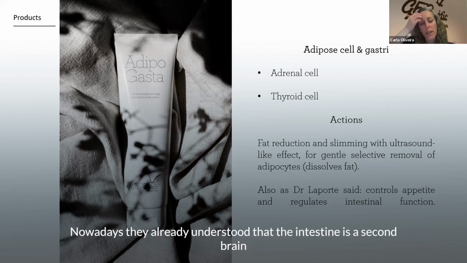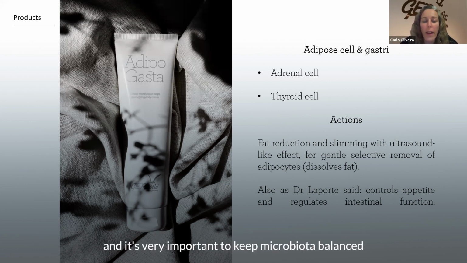Nowadays, they already understood that the intestine is the second brain, and it's very important to keep the microbiota balanced, well put together with all the bacteria that we need.